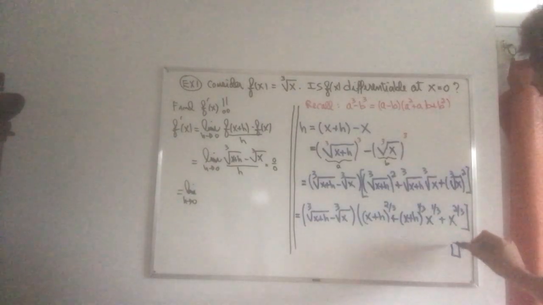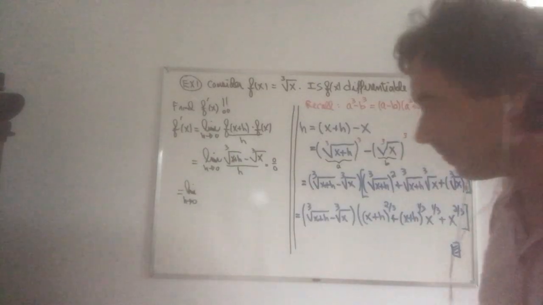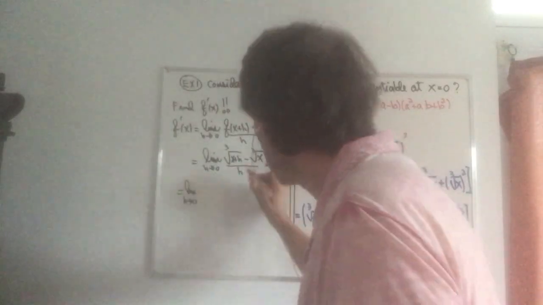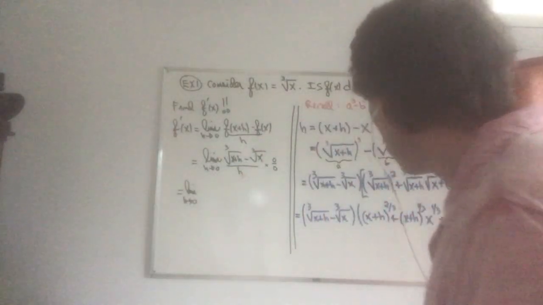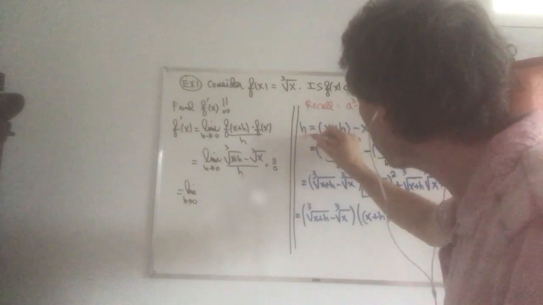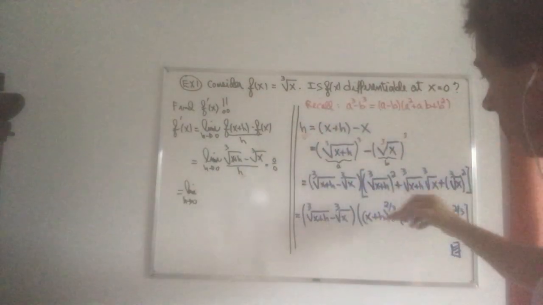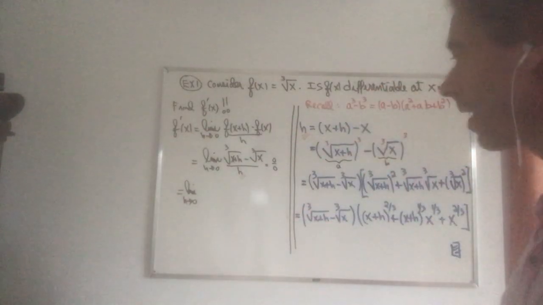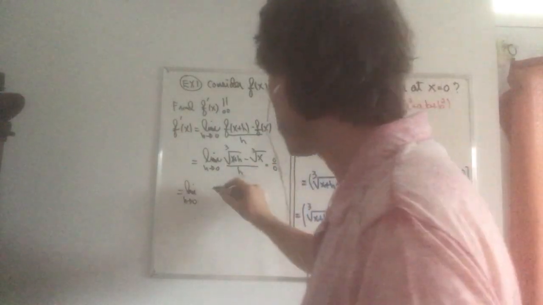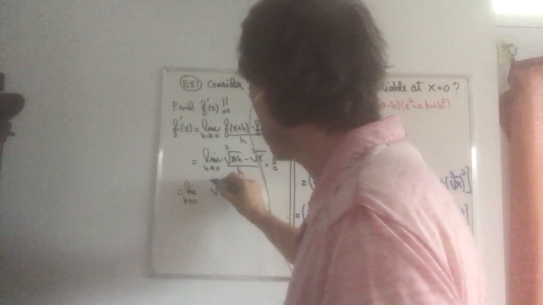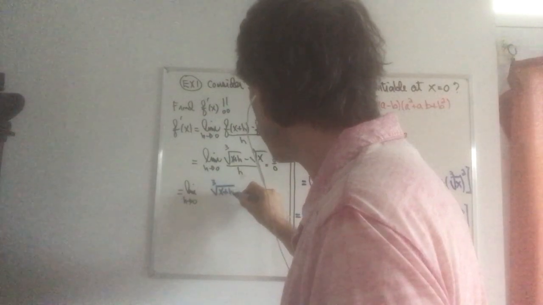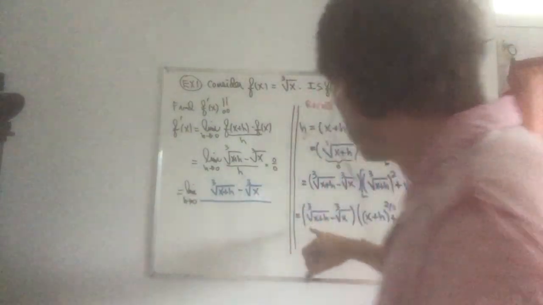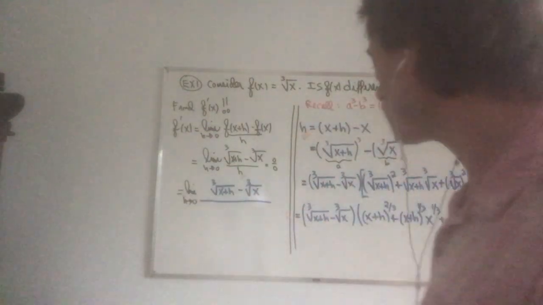I am done playing algebraically with this expression. I am now ready to go back here and replace this h by basically this, because after all, all of this is equal to h, right? All of this is the same thing as h. So here we go. This will be the cube root of x plus h minus the cube root of x, over all this, which is h.